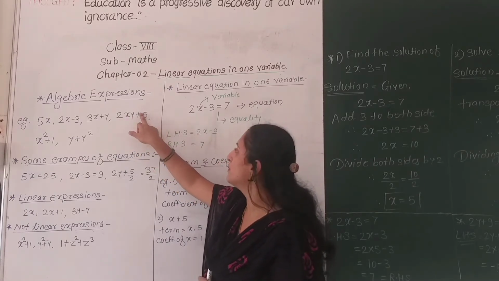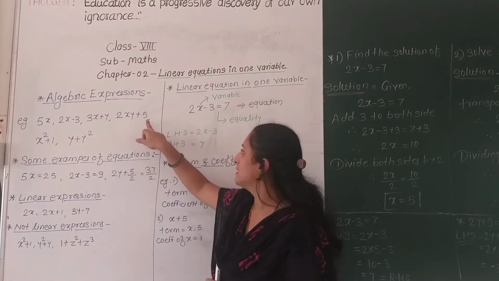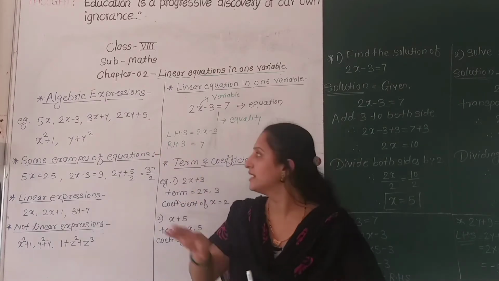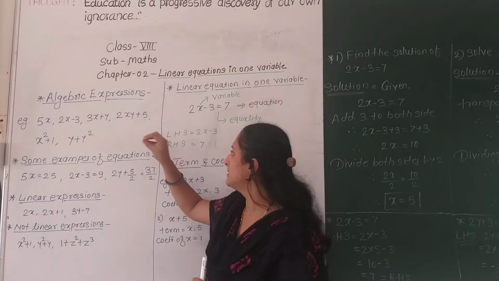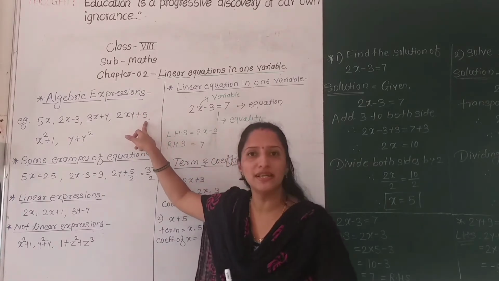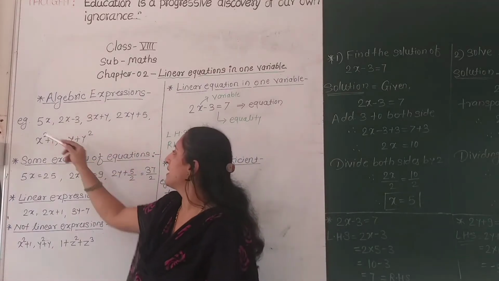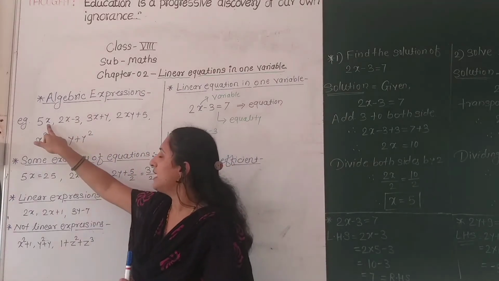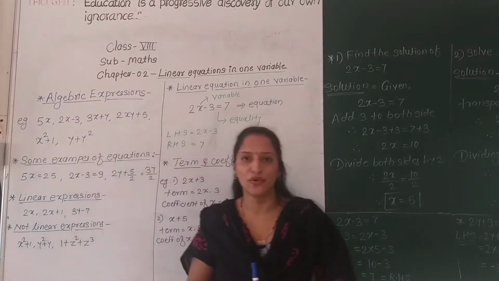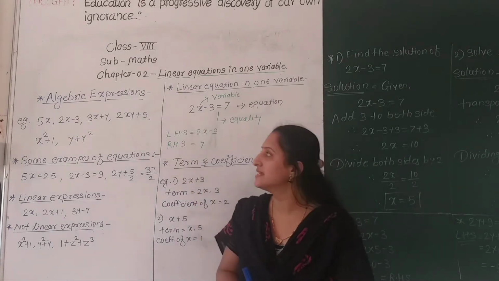And if there is only a number, then it is not a coefficient, since it is a simple number and does not contain any variable. In the expression 5x, x is the variable and 5 is the coefficient. Okay students, do you remember all these things?